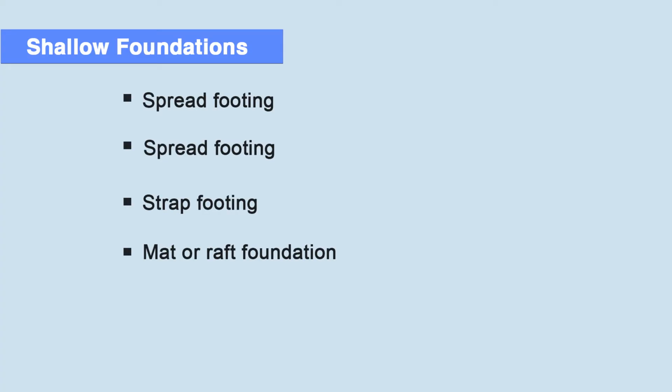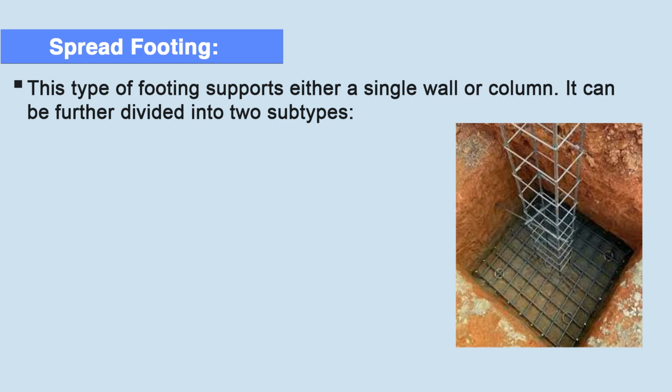From a design perspective, footings can be classified into four types. First is spread footing, second is combined footing, third is strap footing and last is mat or raft foundation. Spread footings. This type of footing supports either a single wall or column. It can be further divided into two subtypes.